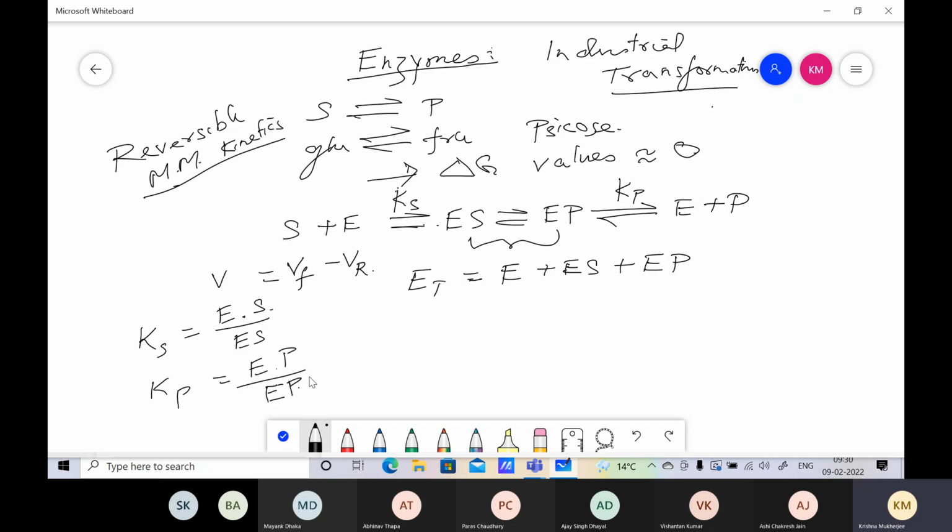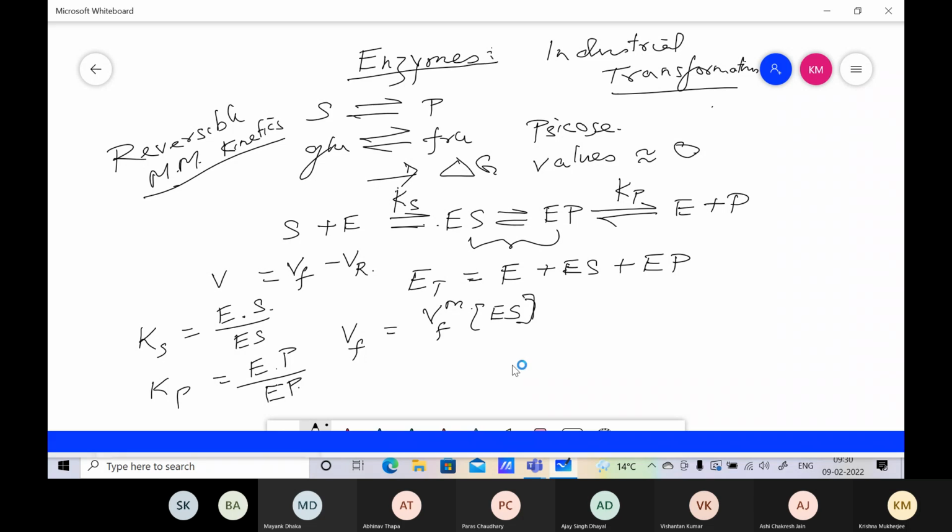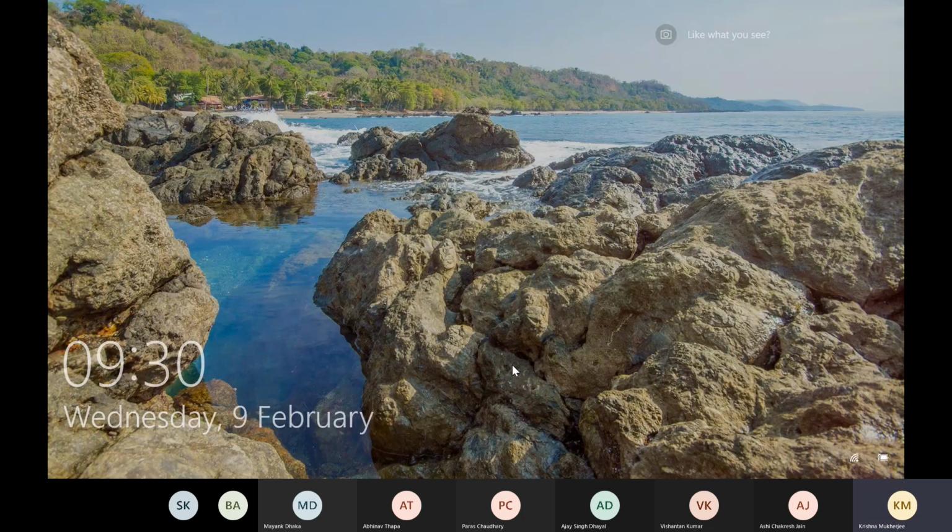Okay? Now we need to write V as Vf minus Vr, and V forward will be equal to some V forward max into ES, when everything is ES, upon Et. Can all of you see this?